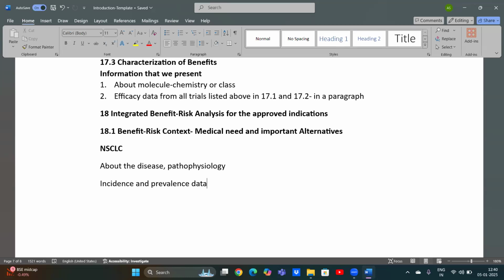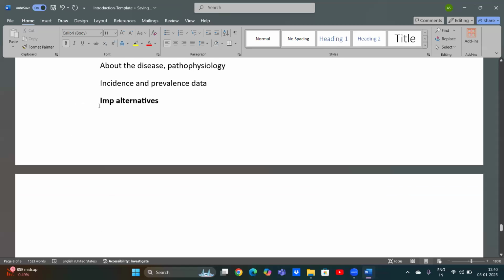And then you will write what the important alternatives are. Important alternatives means what other medications are being used for this NSCLC other than your molecule. You will not write your molecule data here, only other molecules. How will you present that?